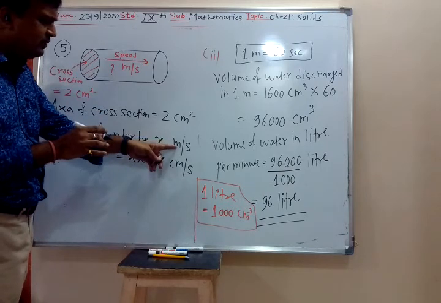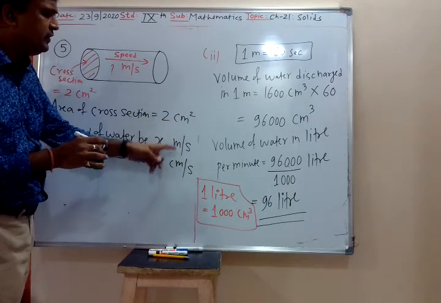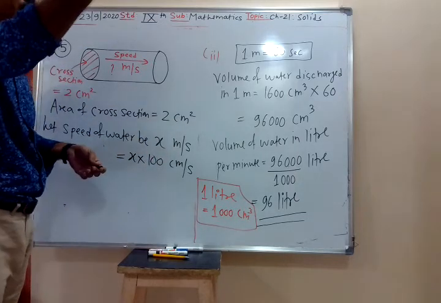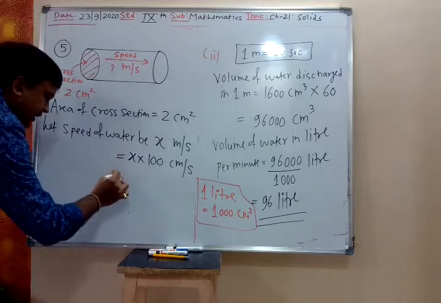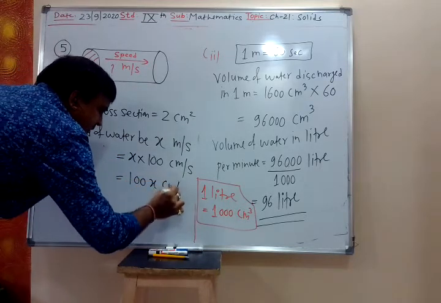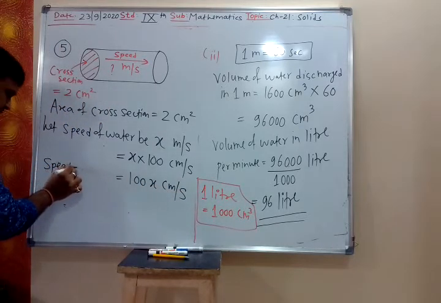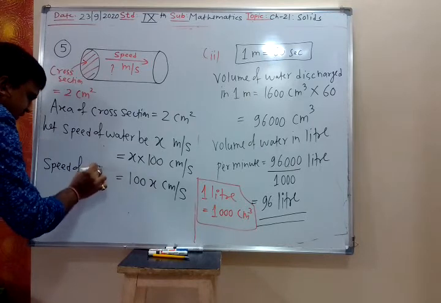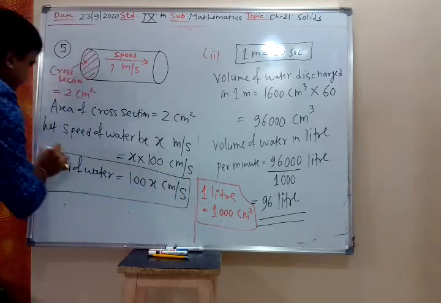So let us convert this meter into centimeter so that you will get the same unit, and at the last we convert that into meter. So that will be 100x centimeter per second. So speed of water is 100x centimeter per second.